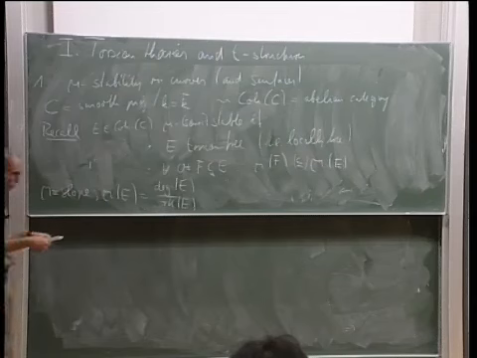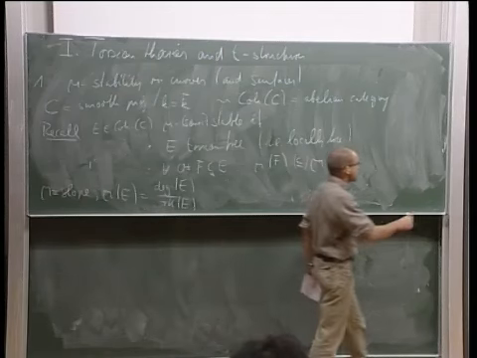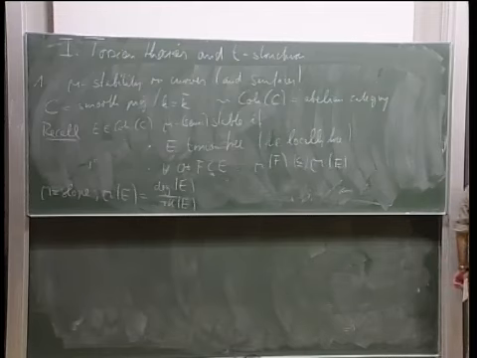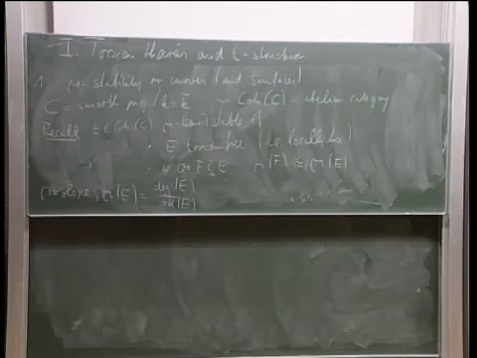Okay, let me rewrite this by using what we later call a stability function as Z of E equals minus the degree of E plus i times the rank.